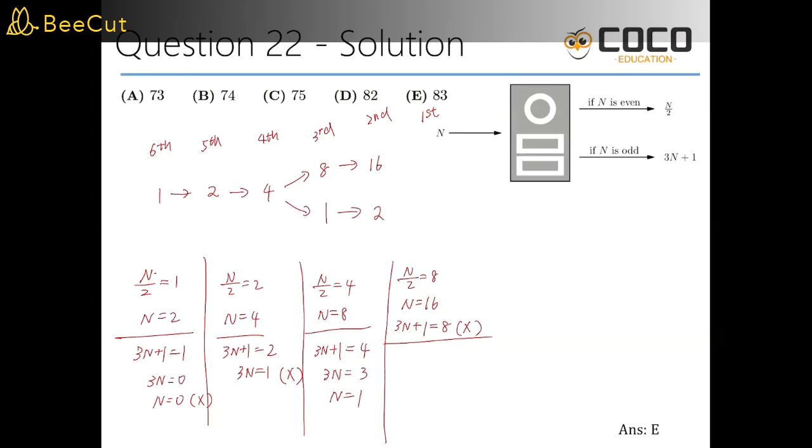So when this is 16, n over 2 is 16, n will be 32. So we've got to check, does the second one work? 3n plus 1 is 16. Solving this, you get n equal to 5. There are two values here.